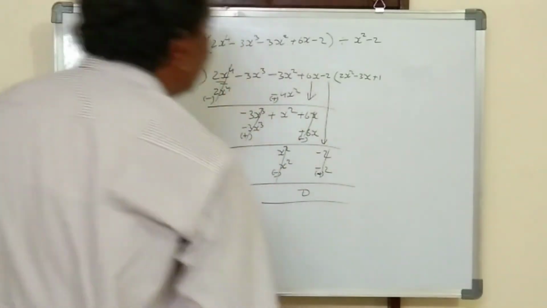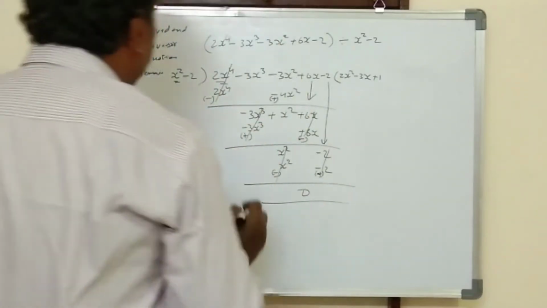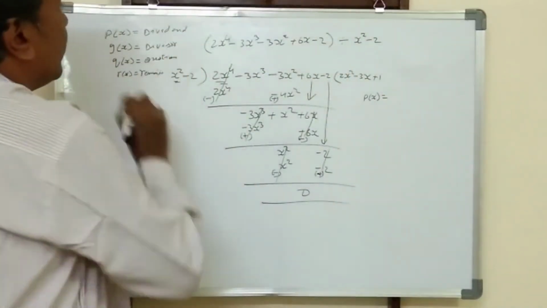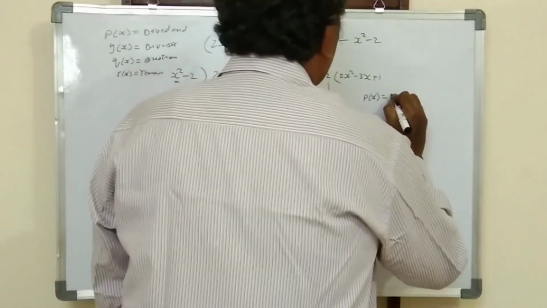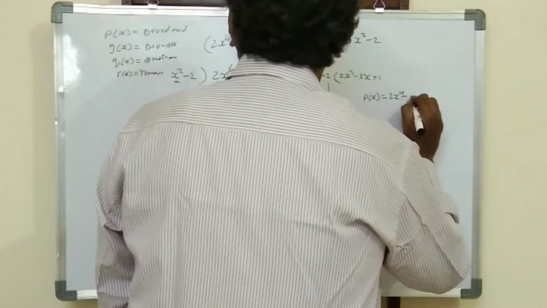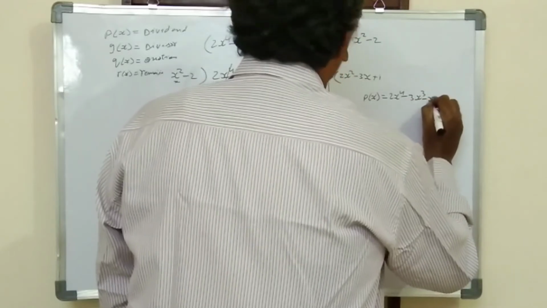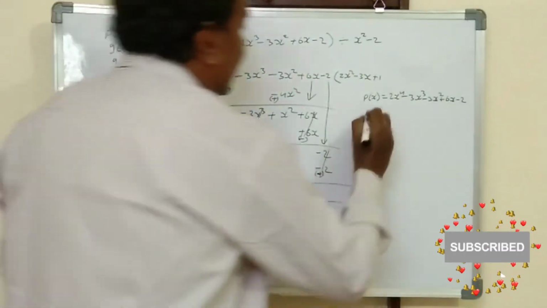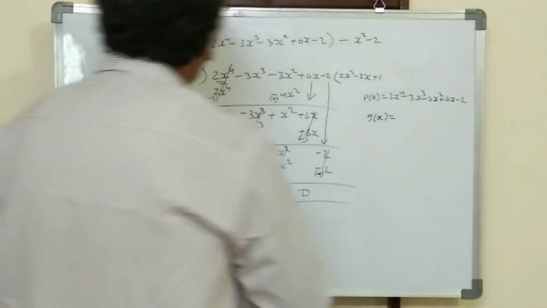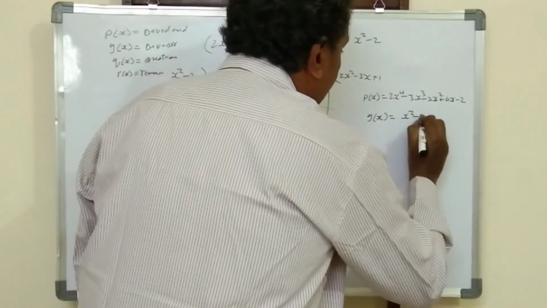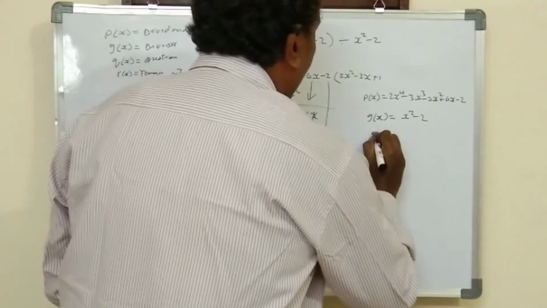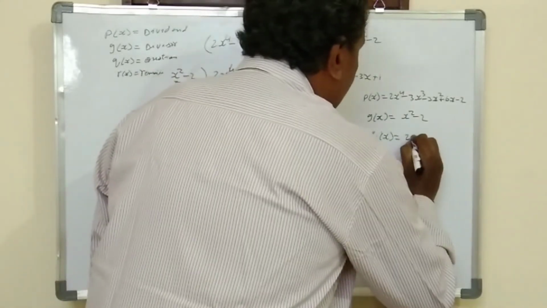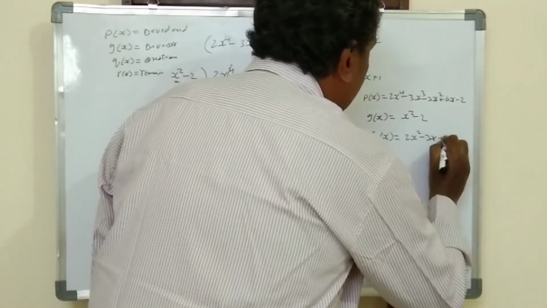So here we write p(x), the dividend, equal to 2x power 4 minus 3x cube minus 3x square plus 6x minus 2. And the next one is g(x), which is nothing but the divisor, x square minus 2. The quotient q(x) is the answer, 2x square minus 3x plus 1.